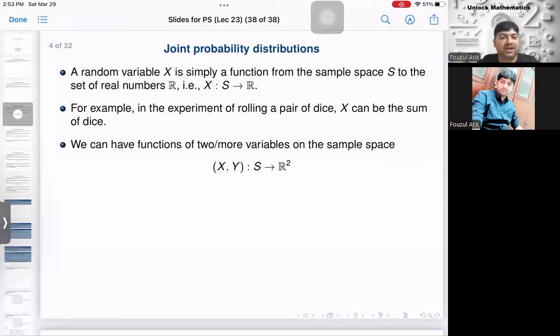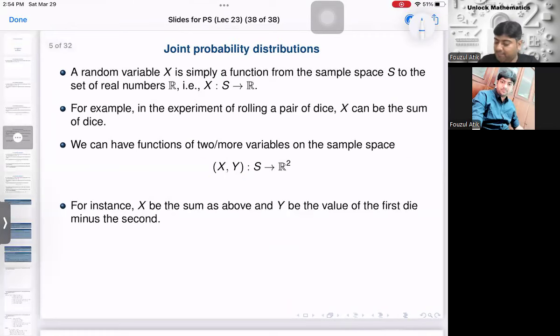Now we can have functions of two or more random variables on the sample space. Suppose we take two random variables, X and Y. These are two different random variables, and we can involve both of them on a single sample space and find their probability jointly.